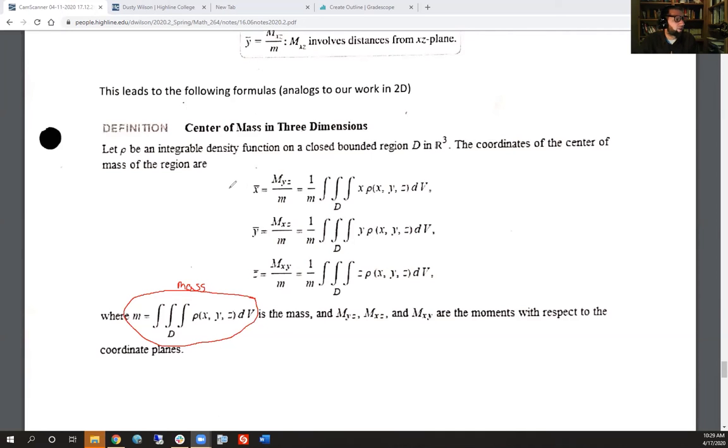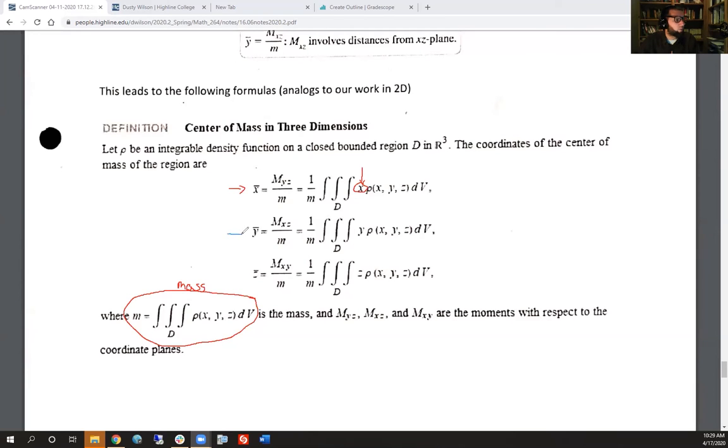And then to find x bar, the x coordinate of the centroid, we'll take the moment about the yz plane and divide by the mass, which would be the same triple integral as before, but notice here we've added this x value into the integrand.